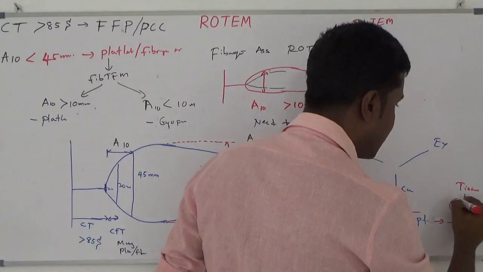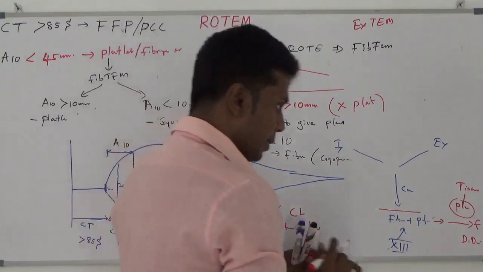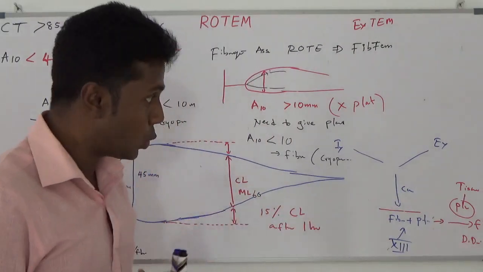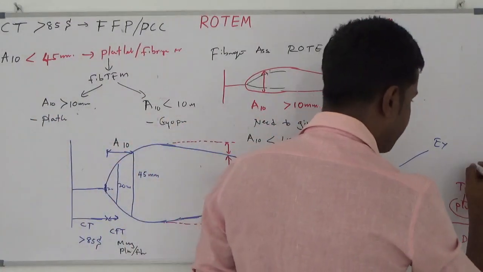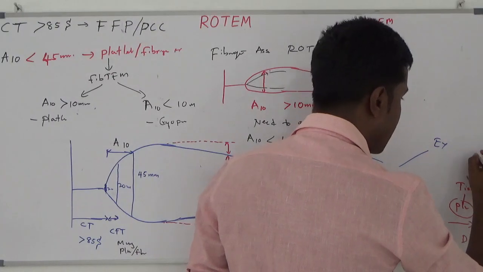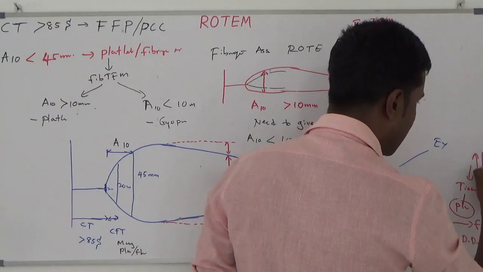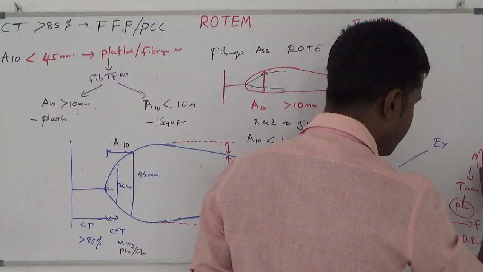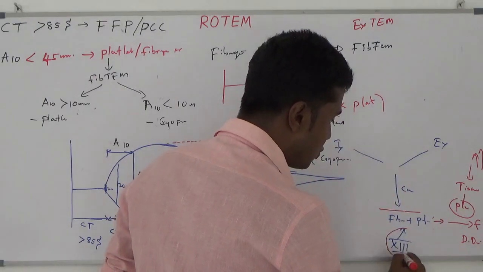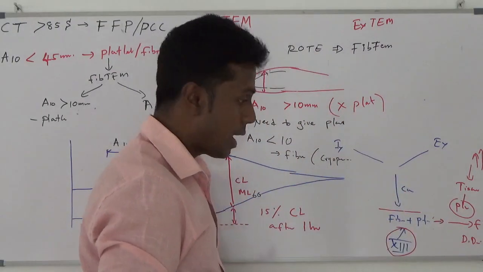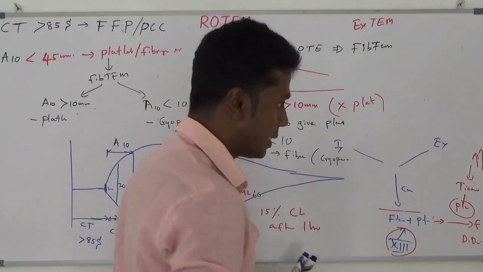Your clot is not that stable. It may be due to two reasons. One is that your tissue plasminogen activator activity is too high, or you are a patient having less factor 13.